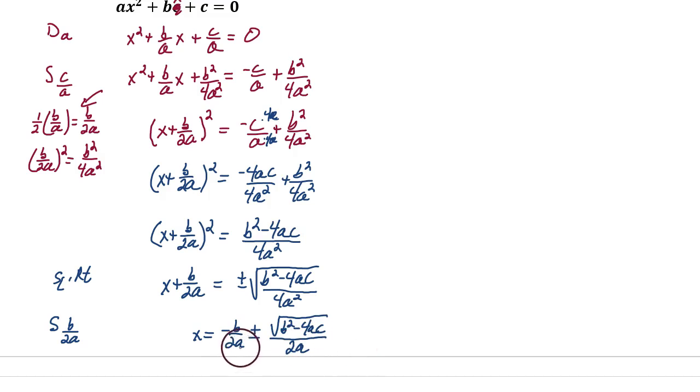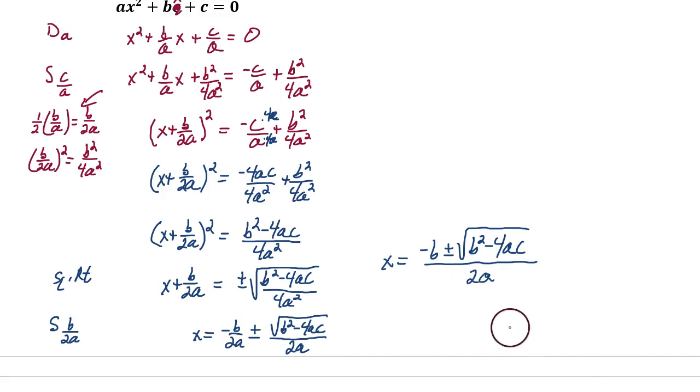Finally, I want you to notice how there are two fractions, and they both have a common denominator of 2a. So we could rewrite this as x equals negative b plus or minus the square root of b squared minus 4ac, all divided by the common denominator of 2a.